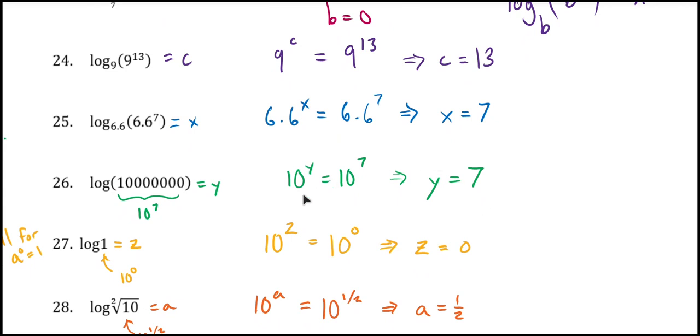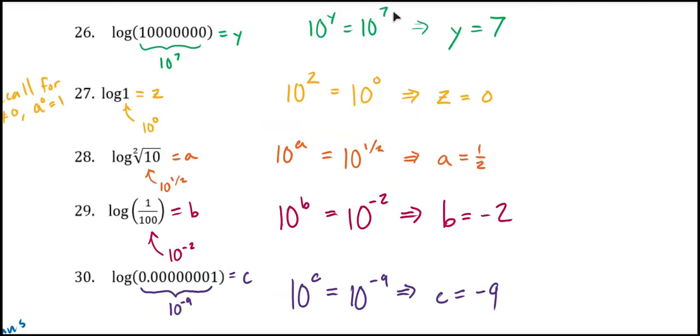Here we have some more running examples of these kinds of properties. Notice that this is a 1 with 7 zeros, which means this is 10 to the 7th. Log, well, remember if there's no base here, that's a base 10, and so we're asking what power do I need to raise 10 to in order to get this argument, which is 10 to the 7th? Well, 7, of course. The rest of these follow along very similarly. We just need to know what power of 10 we're talking about. 1 is the 0th power of 10, and so we're going to get an output of 0 here.